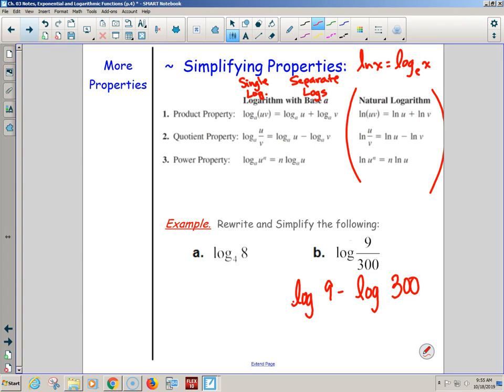Who's the log base? Oh, this is the common log. It's not there on purpose. It's understood, 10. Well, wait a minute. That's all we're supposed to do? Oh, no. It says rewrite and simplify. Like with my calculator? Nope. It's what we can do without our calculator.